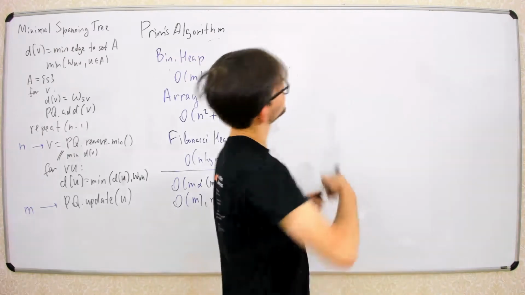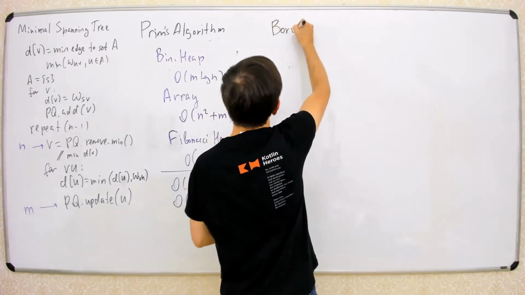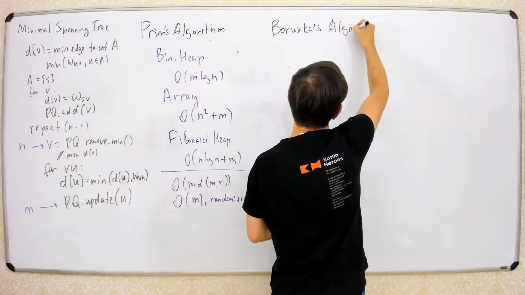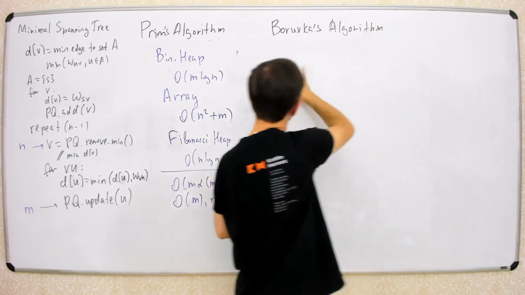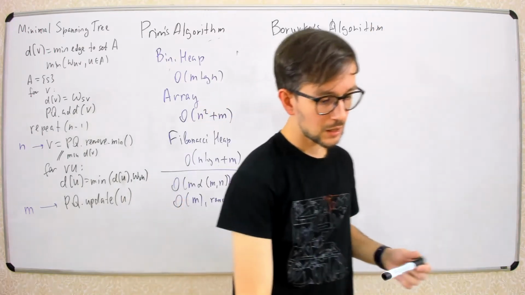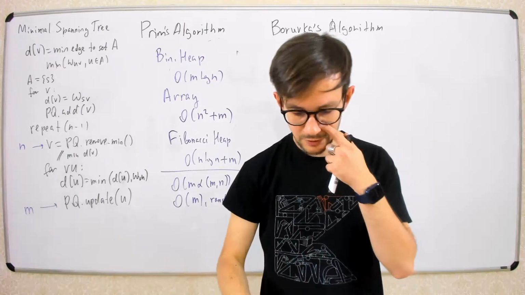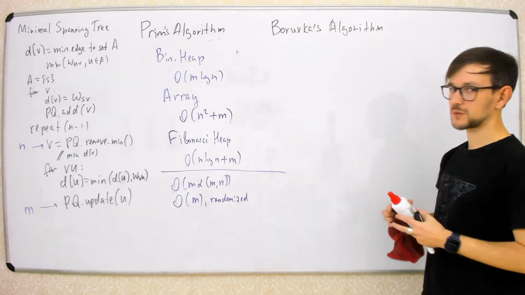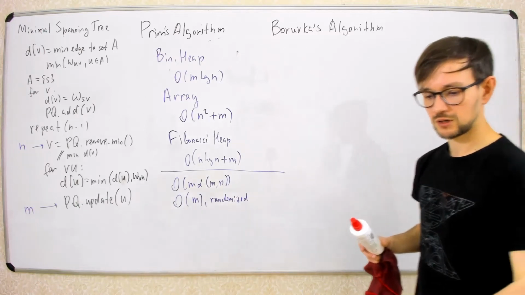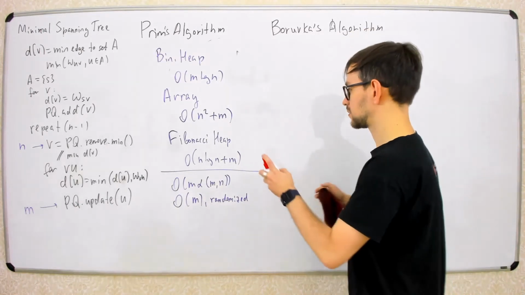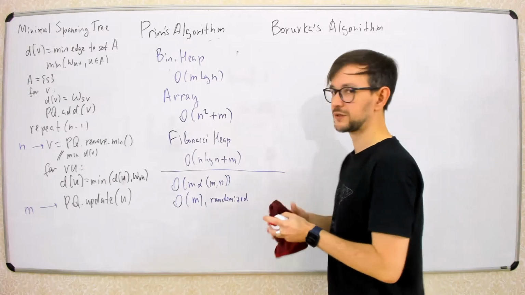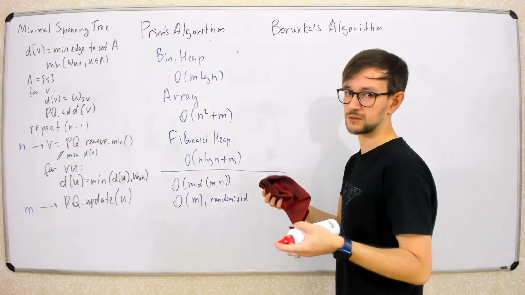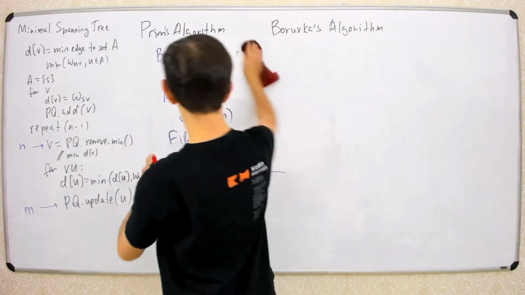Boruvka, yeah. It's a very cool algorithm because it was invented before computers were invented. Boruvka invented this at the beginning of the 20th century. He needed to build a minimal spanning tree to build something like an electrical network in his town. So he invented this algorithm.